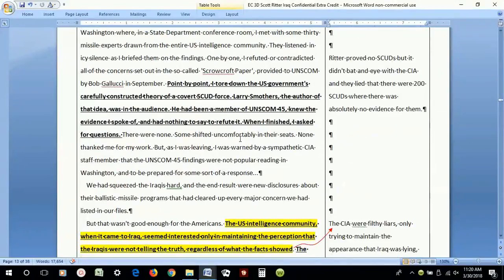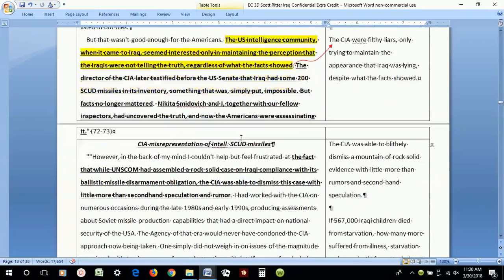Let's get into lies here. More lies about Scud missiles.